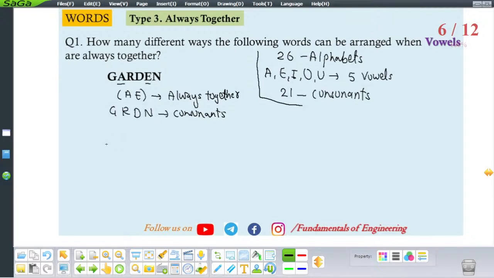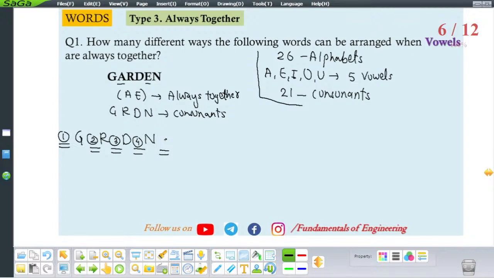So how are we going to arrange? The vowels A and E can be placed in between the consonants G, R, D and N. They can be at position 1, or between G and R, which is the second position, between R and D, the third position, between D and N, the fourth position, or at the last, the fifth position.